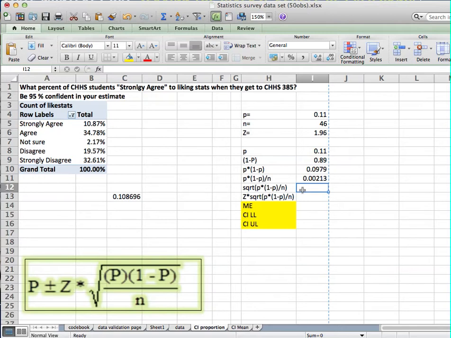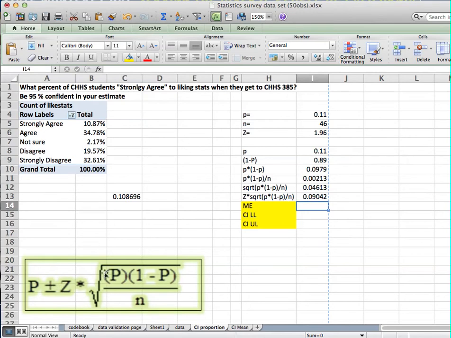So this is equal to SQRT of this number. Open parentheses, put the number, close the parentheses, and that's it. Now, this whole thing we need to multiply by Z. So equals Z, 1.96 times that.